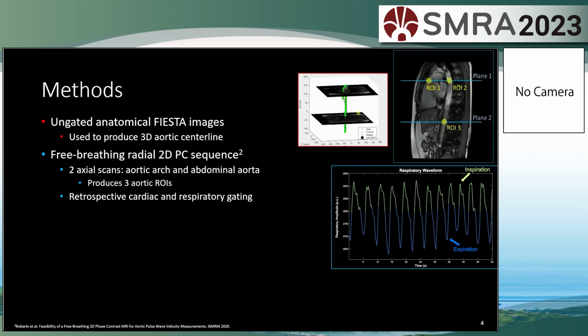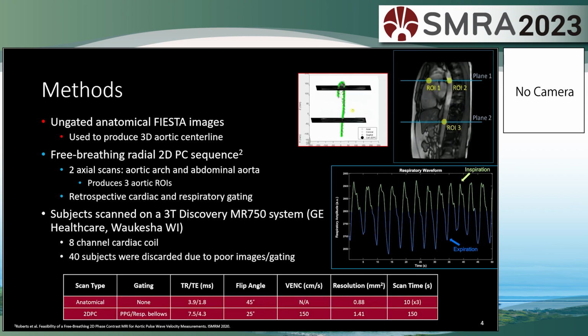We also acquired pulse oximeter and respiratory bellows data throughout the acquisition for retrospective cardiac and respiratory gating. All of our subjects were scanned on a 3 Tesla clinical system with an 8-channel cardiac coil. Unfortunately, data from 40 of these subjects had to be discarded due to poor image and gating quality.